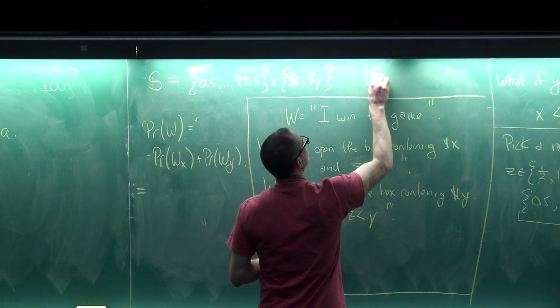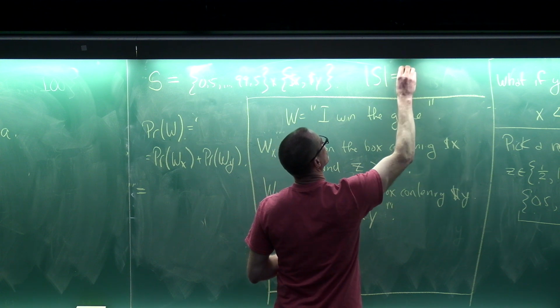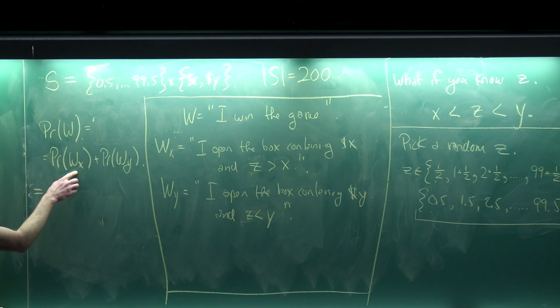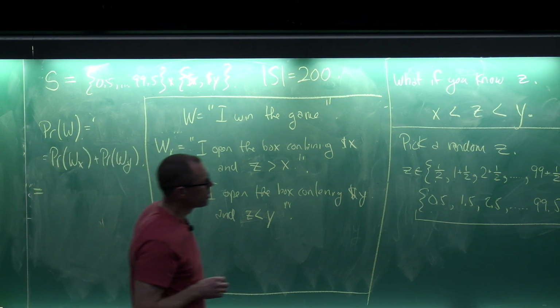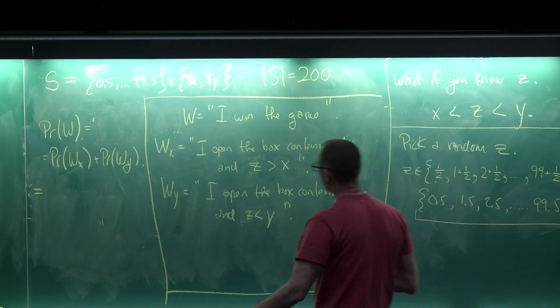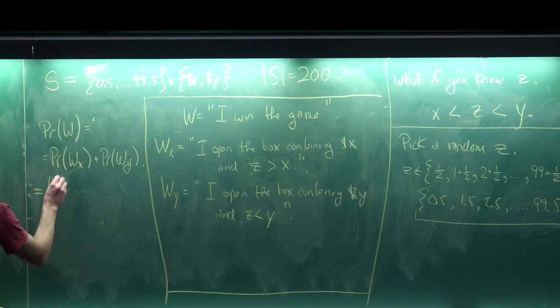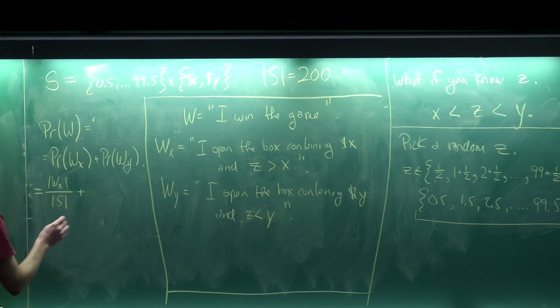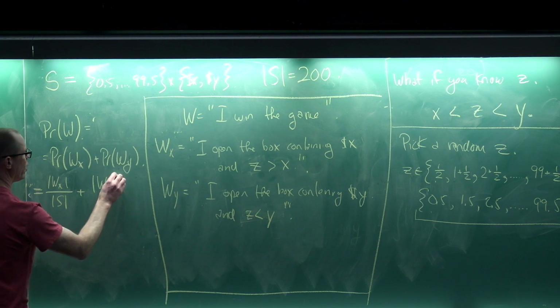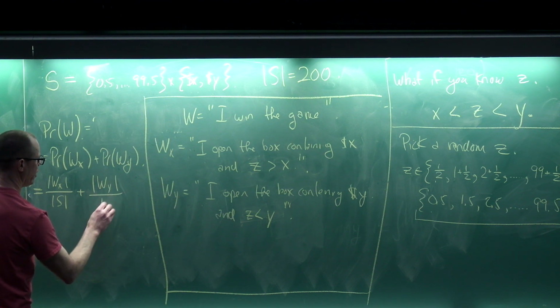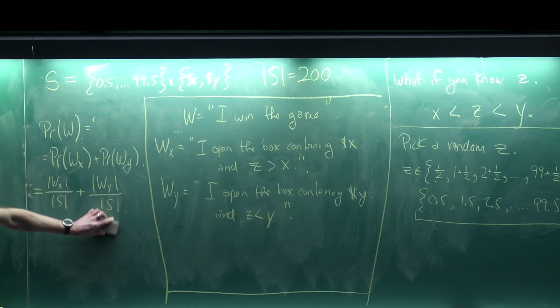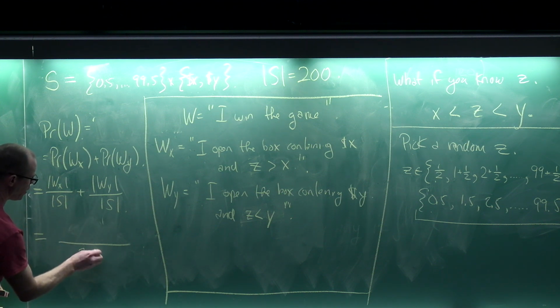We had the size of S is equal to 200. So the probability of Wx is the size of Wx divided by the size of S. The probability of Wy is the size of Wy divided by the size of S. The size of S is 200.